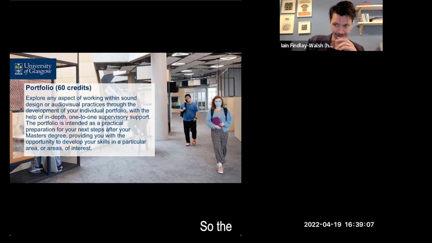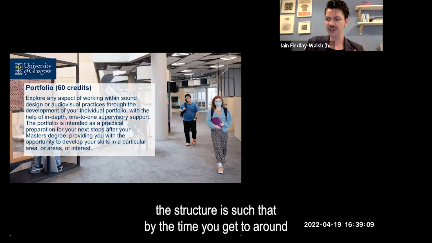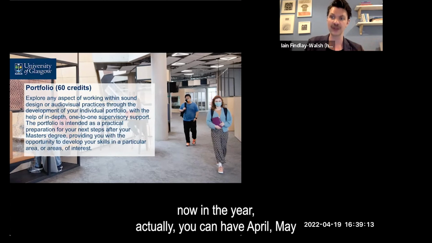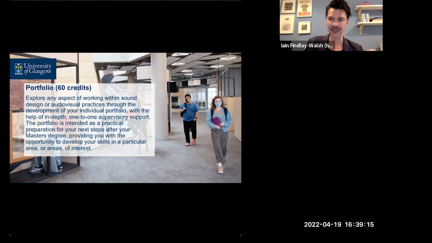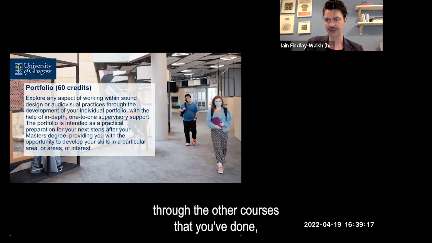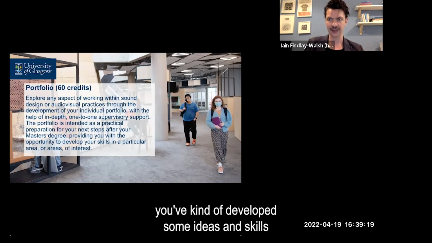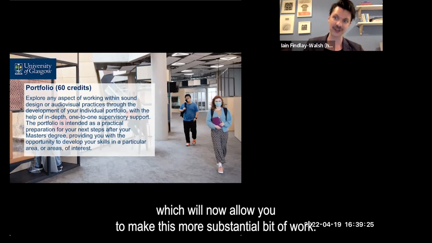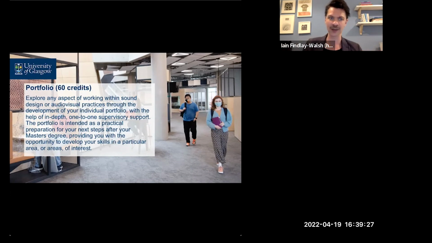So the structure is such that by the time you get to around now in the year, April, May, through the other courses that you've done, you've developed some ideas and skills which will now allow you to make this more substantial bit of work.